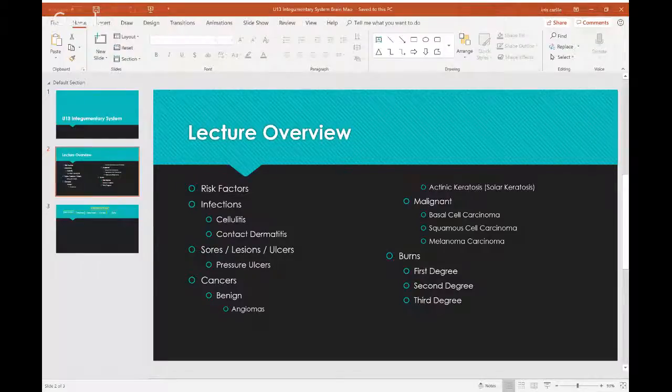Your bony prominences are the back of your head, your scapulas, your coccyx and your ischial tuberosity, your heel.